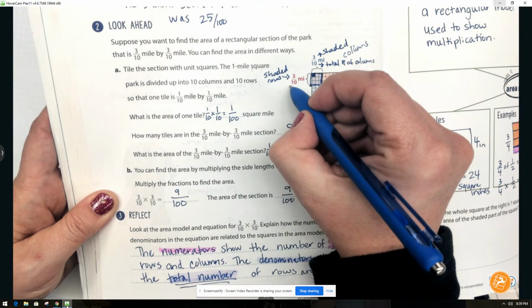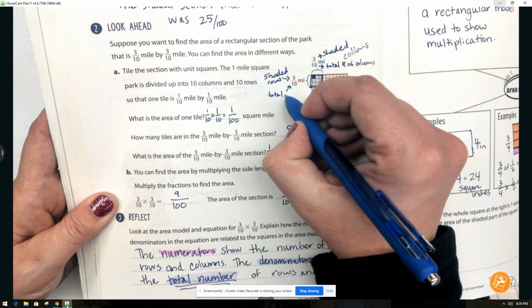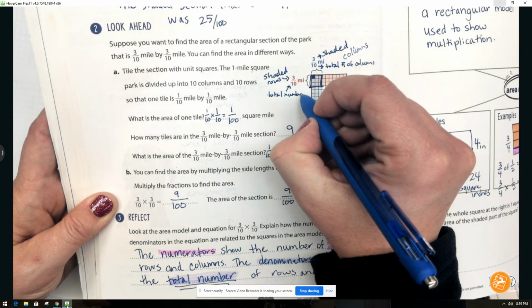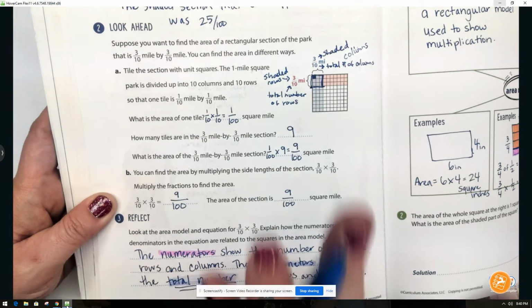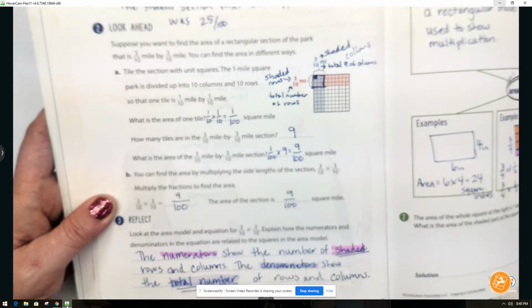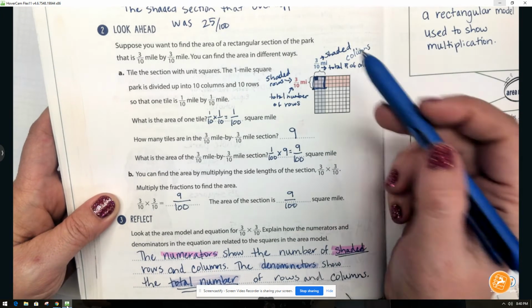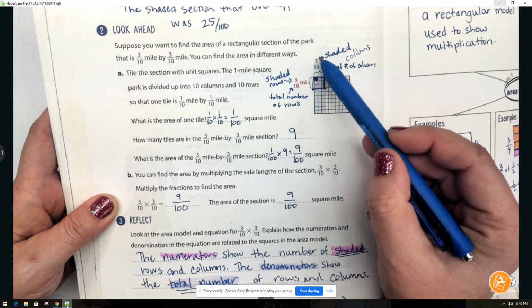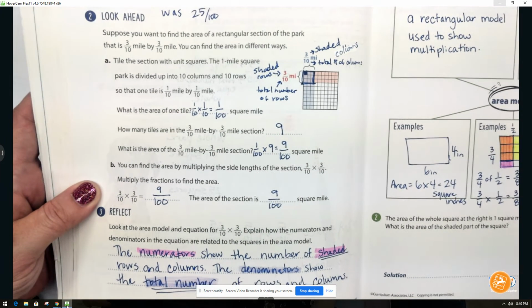And then this 10 is going to be the total number of rows. We're going to practice this plenty, but I just wanted to give you a really good understanding of what each of the numerator and the denominator mean when we're drawing an area model.